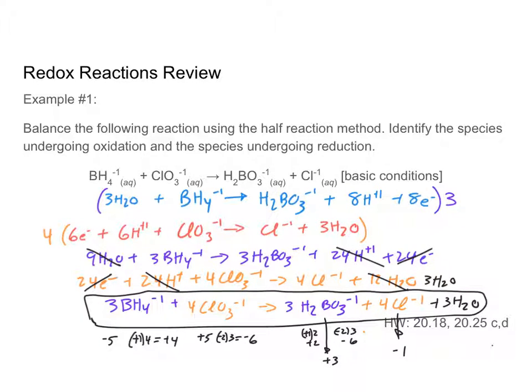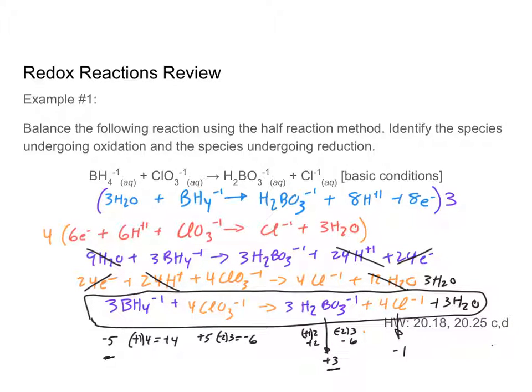So what's happened here in terms of the chlorine versus the boron, right? Well, the boron was a minus 5 and became plus 3, and the chlorine was a positive 5 and became minus 1. What happened to boron? It was a minus 5, and it became a +3.